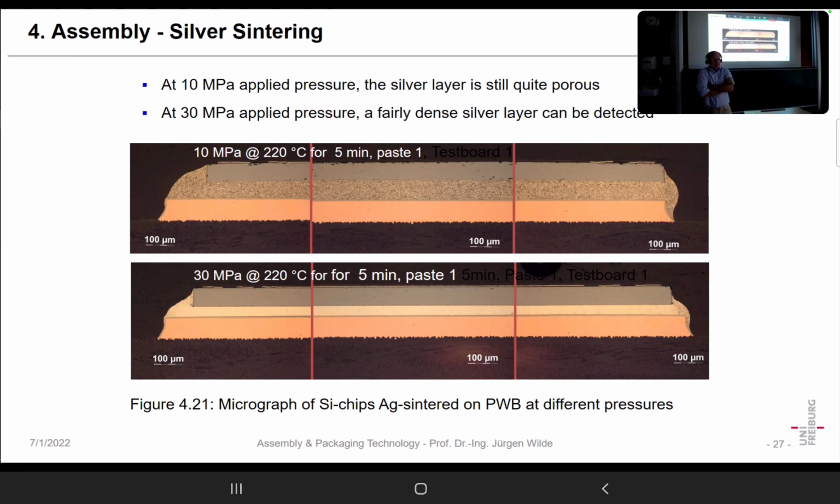Many for me is 10 million cycles of heating and cooling, or 100 million cycles, like in railroad applications. Then a solder material is not sufficient. Solder material has fatigue. Cracks will come from here, and when there's a crack, the chip is detached.